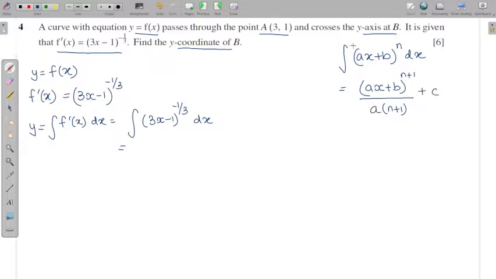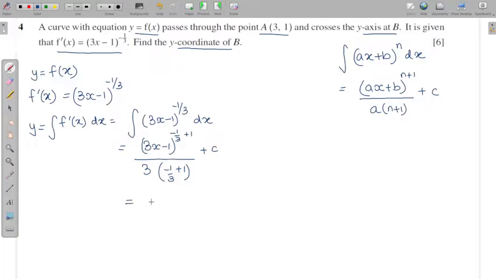And since there are no limits out here, you have to add this plus c at the end. So let's use the same concept out here. This will become (3x minus 1) to the power minus 1 by 3 plus 1, divided by minus 1 by 3 plus 1, into 3, plus c.